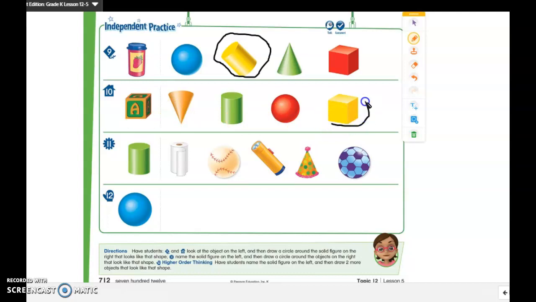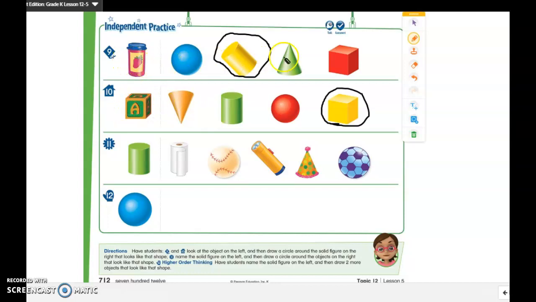The yellow one. Can someone answer me, how come I'm not circling this red cube? Just an organization question. How come I'm only circling the yellow cube? We should be noticing, boys and girls, keeping your answers on one line. This is the kind of thing that I would be walking around and I would be able to point to the book and remind you where to keep your eyes focused.